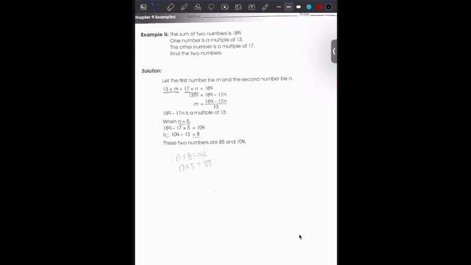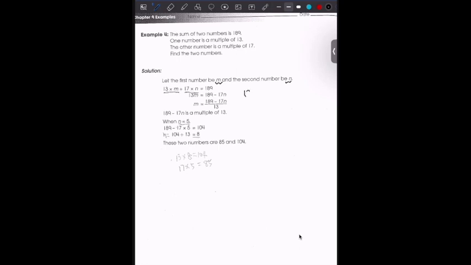But instead of saying that the first number is going to be m and the second number is going to be n, m and n aren't the numbers themselves. We just use m and n to express the multiple part. So m is going to be how many 13s there are, and n is going to be how many 17s there are.